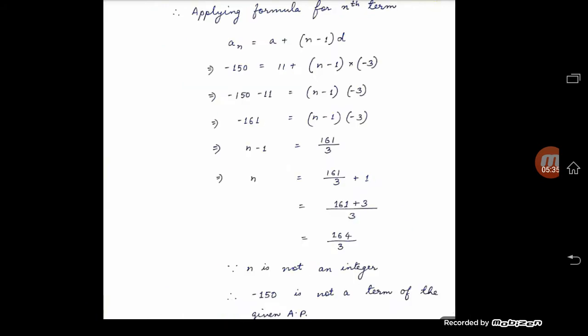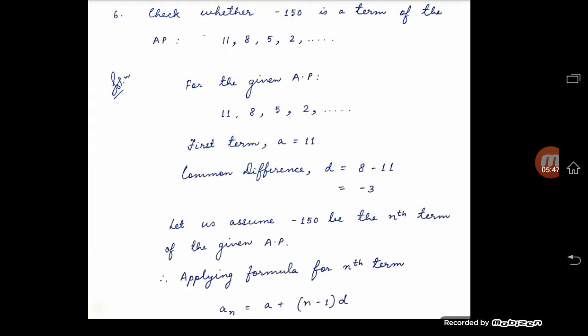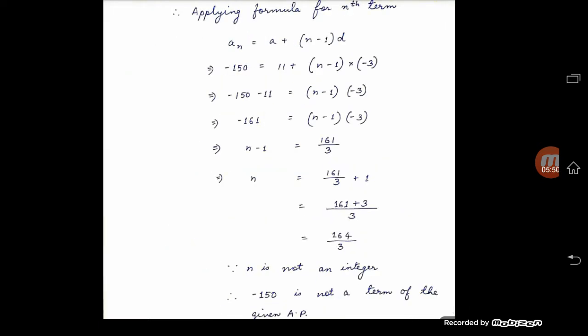Now put in place of an minus 150, in place of a we put 11, in place of d we put minus 3. We proceed step by step. In the next step, this 11 will go to this side, it will be minus 11. So minus 150 minus 11 will be minus 161.